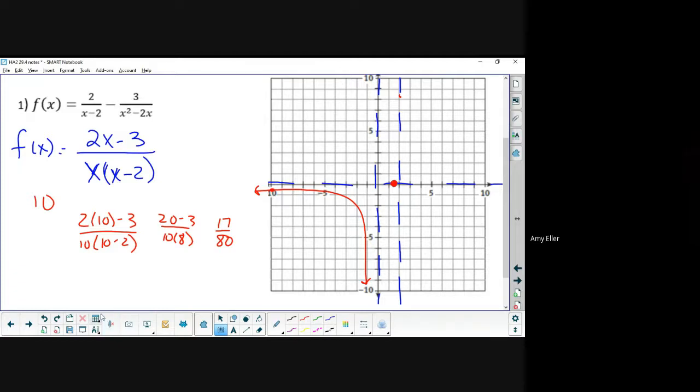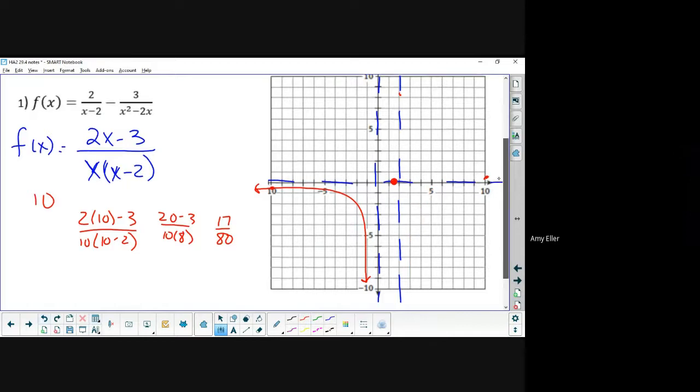Alright. I got a positive value, so I know I'm gonna have this point here. Have you guys finished this graph on this side? There is no x-intercept, so it's not gonna be one of those kind of curves. It's gonna have to kind of be bounded up this way.